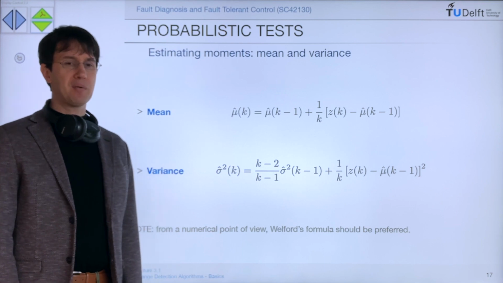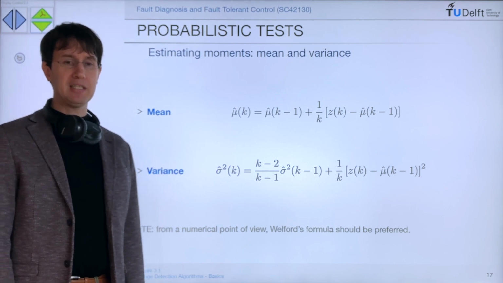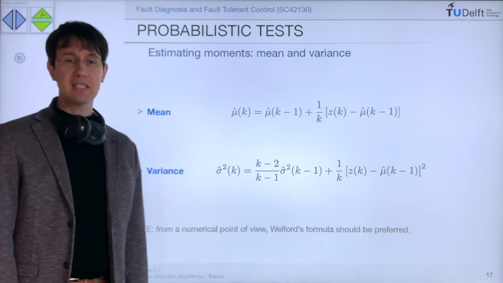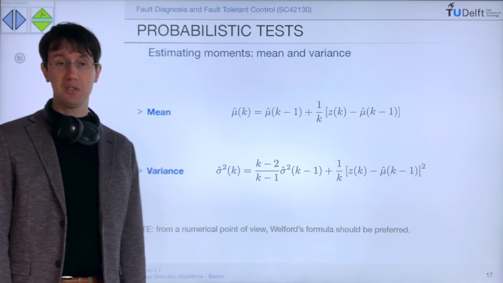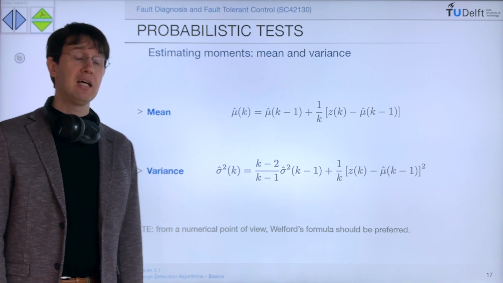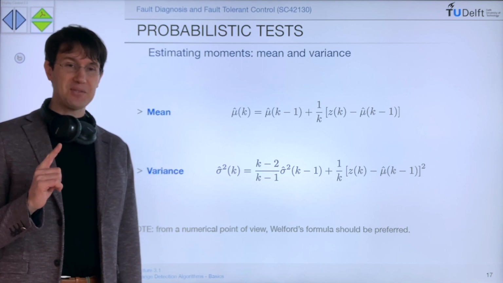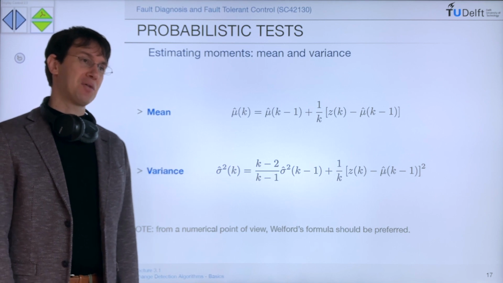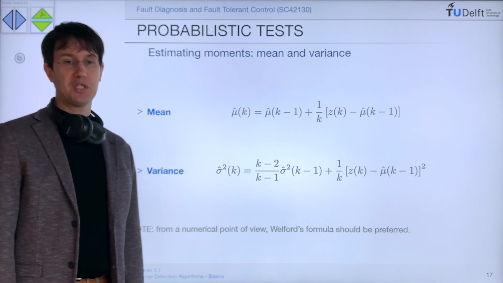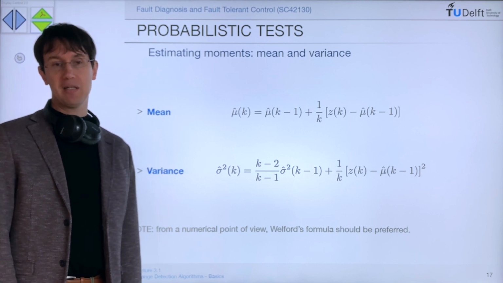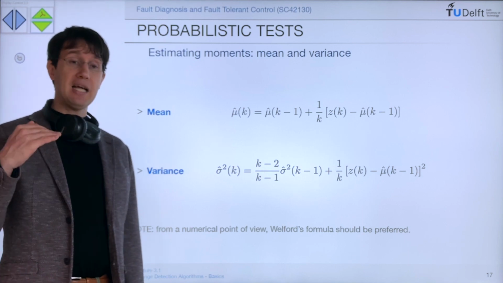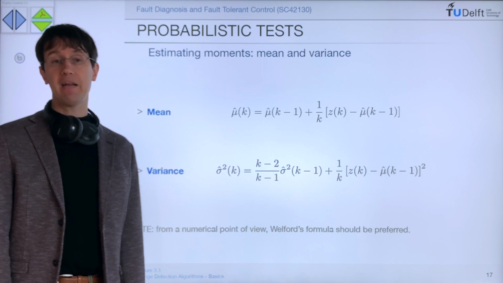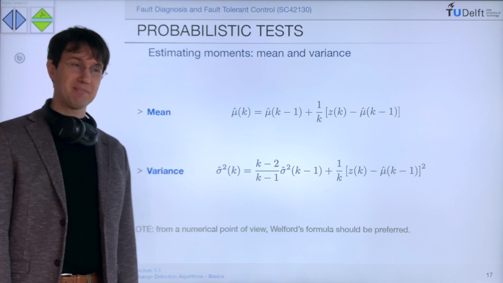You may remember from courses about probability that the empirical mean and variance are not going to be the same as the true mean and variance, unless you have an infinite number of samples. So you know by the law of large numbers that if the number of samples that you are collecting tends to infinity, then the empirical mean and variance tend to the true ones.